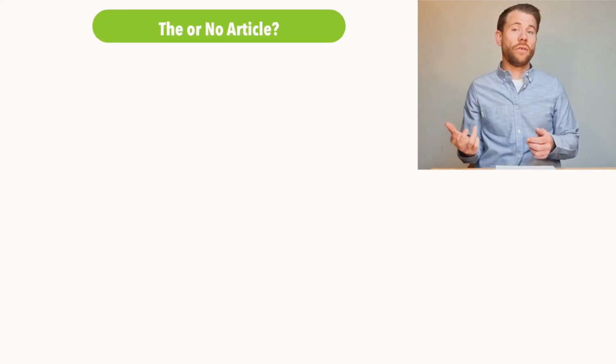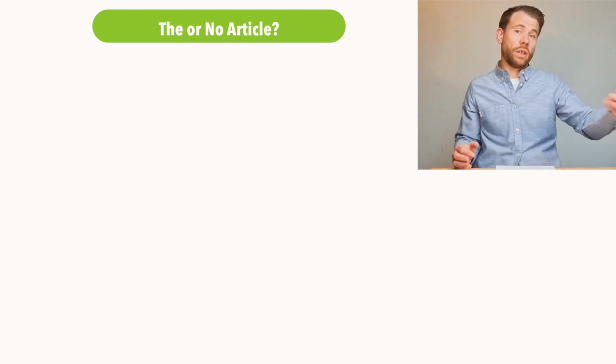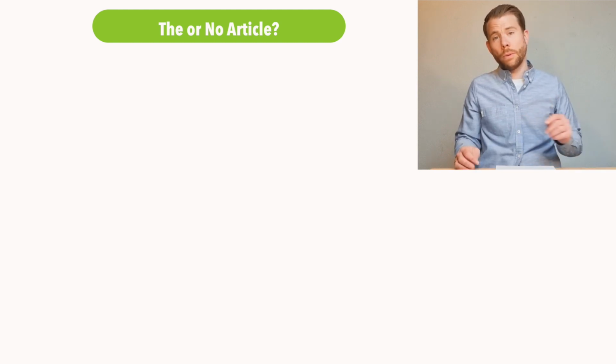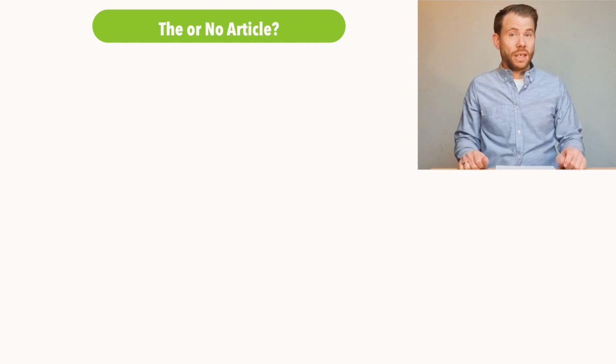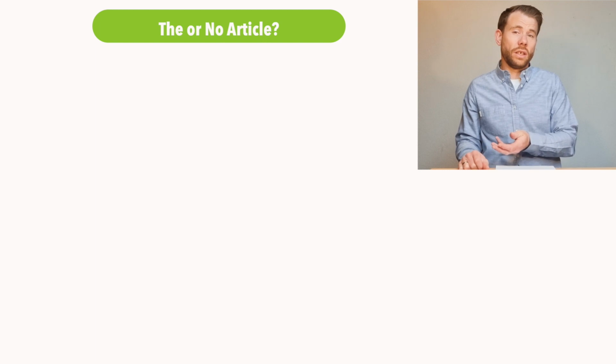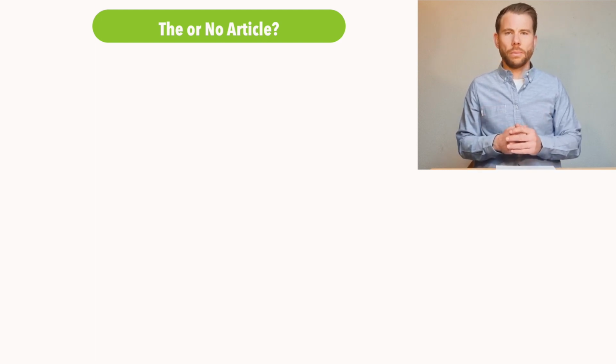So with the, as I mentioned before, it's something which is defined. And you have lots of different contexts, but essentially from the context, you know the thing that we're referring to. It's not being introduced for the first time. But where most people have problems is that in English, as I said at the beginning, when you're speaking generally, you don't use the definite article. So let me give you some examples to see if that can help to clarify.